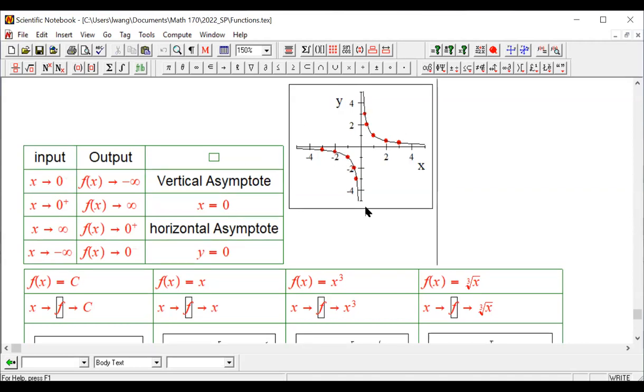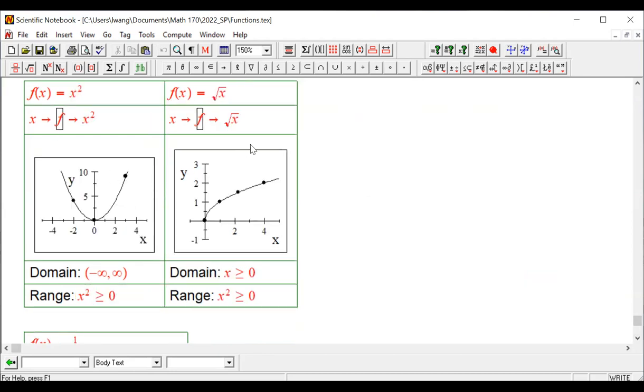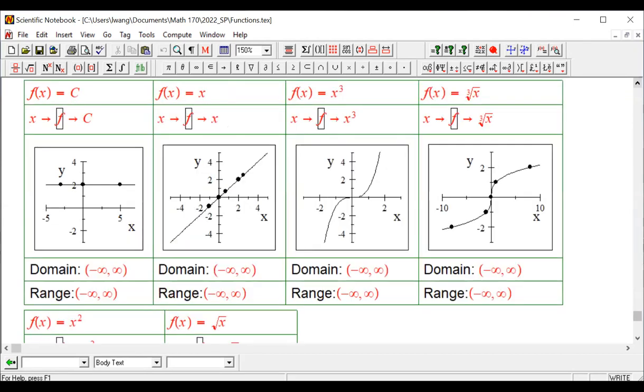Domain and range, we had it before. For these functions, I grouped them in a slightly different order: a constant function, output the same as input, cube function, cubic root function, square function, square root function, and of course this one, with its domain and range here. So these are the functions we have covered. There are 7 of them.